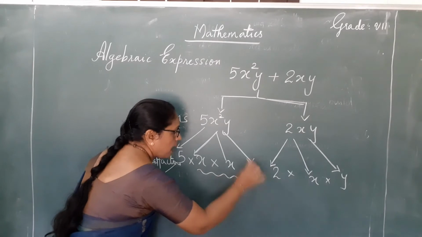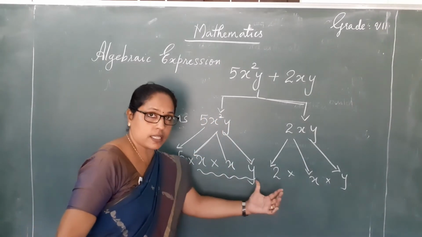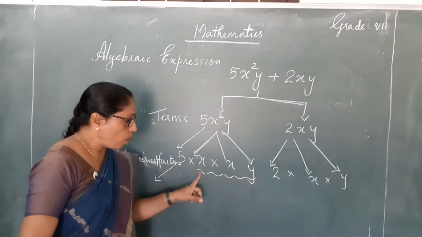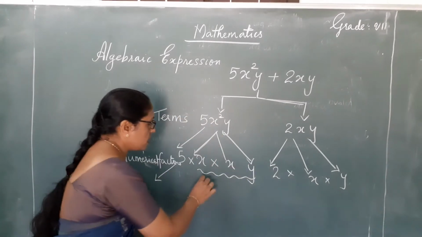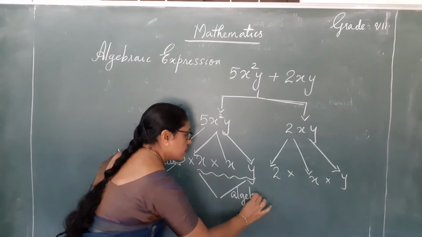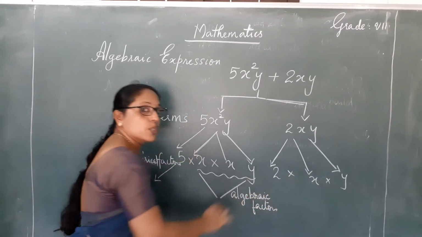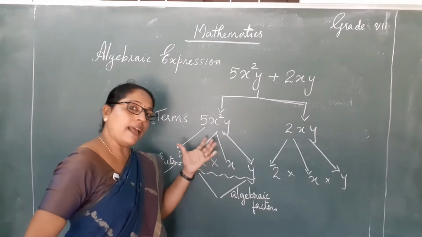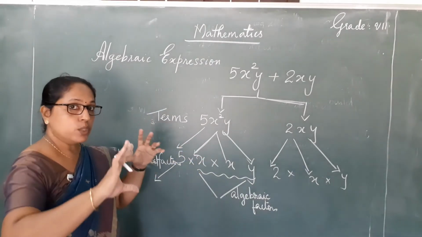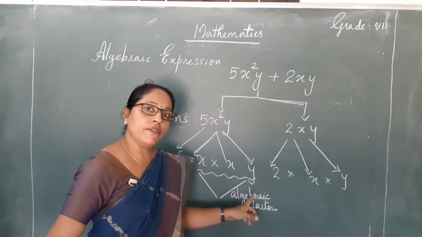The factors which are in the form of letters, that is variables, are known as algebraic factors. So in every term we can see two types of factors, numerical factors and algebraic factors.